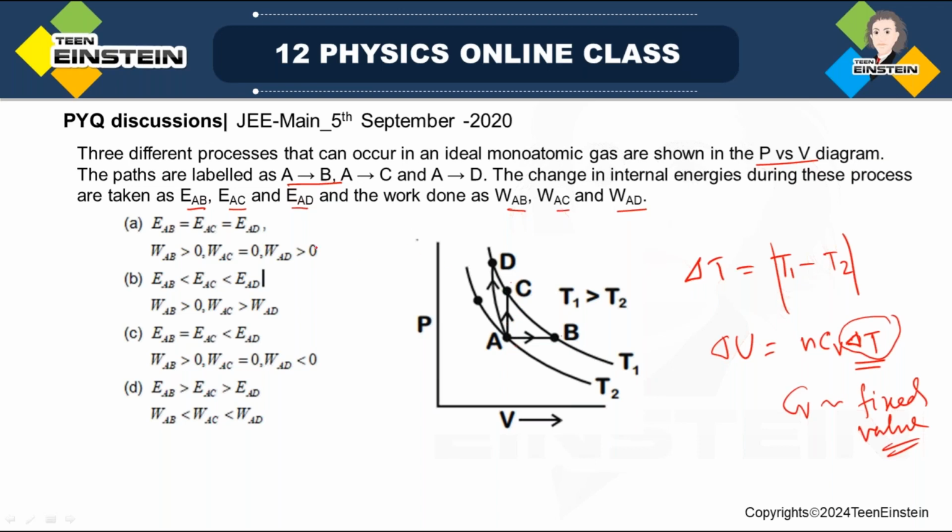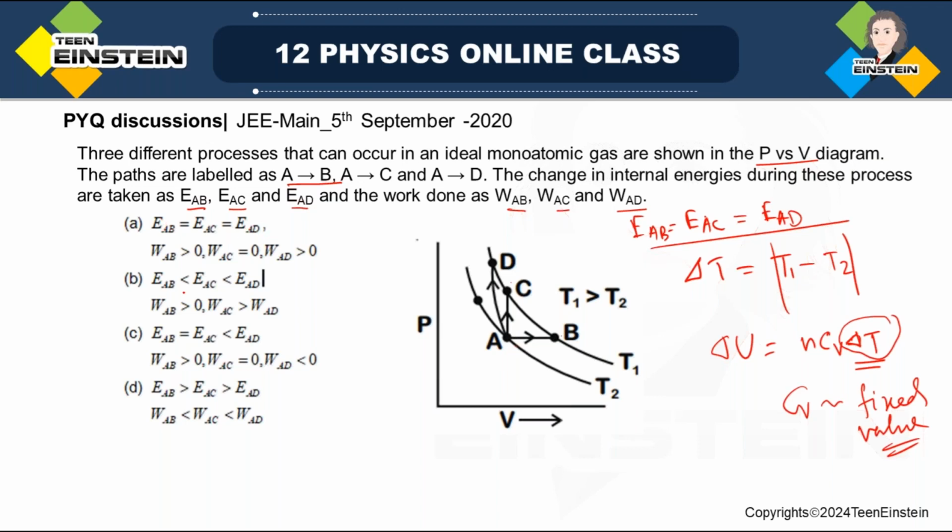So that's why ΔE_AB, ΔE_AC and ΔE_AD are all equal. These are all the same. So we look where the change in internal energy is the same. So this first option is likely to be the answer.